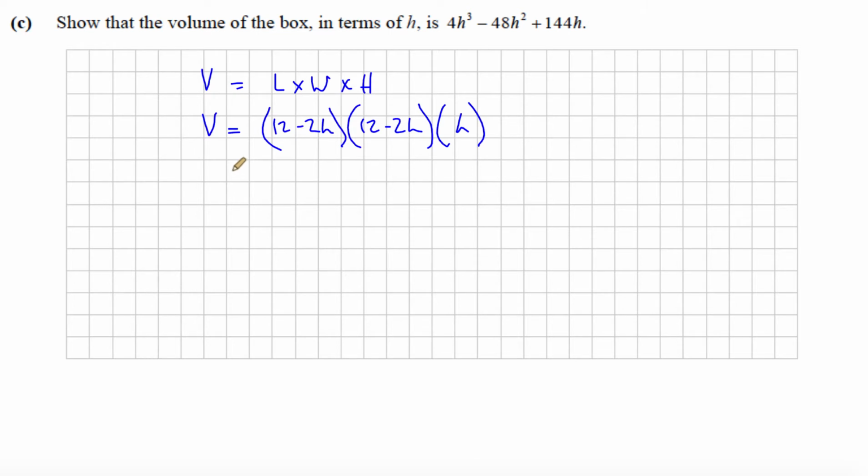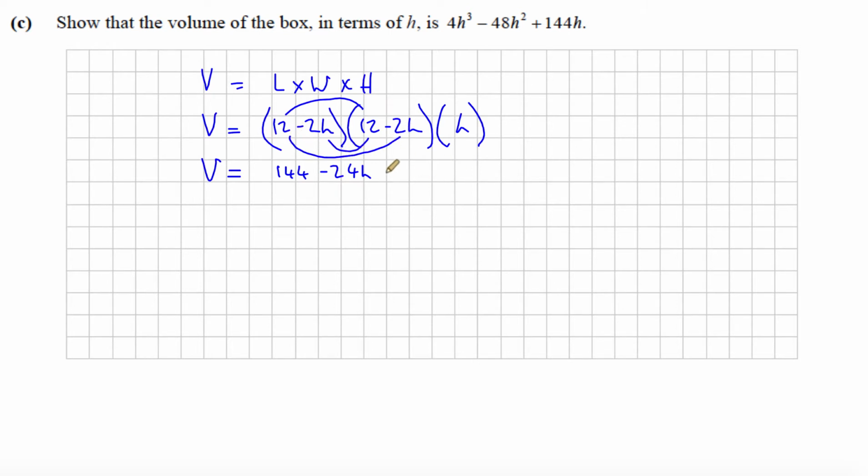So I'm going to do the first 2 brackets. 12 by 12 is 144. So I can see, maybe that's going to help me here, 144. Then I've got minus 2h by 12 is minus 24h.